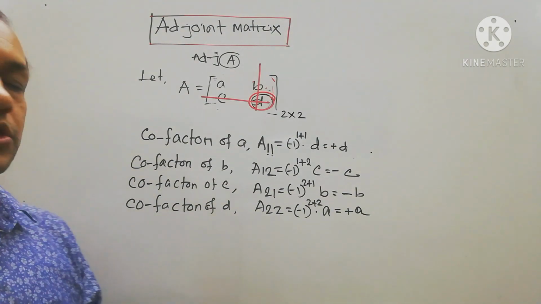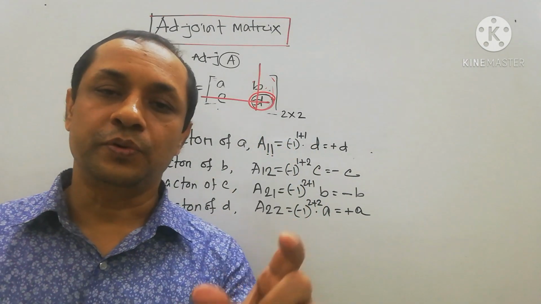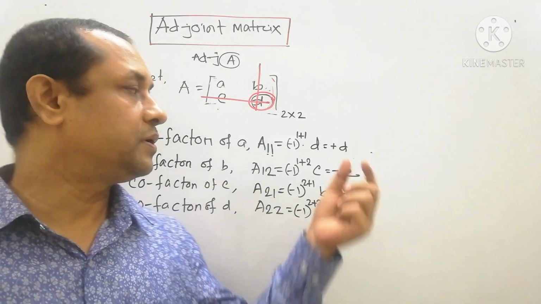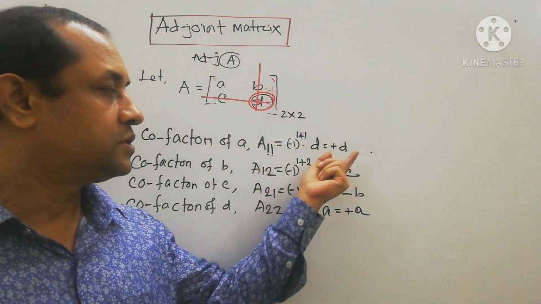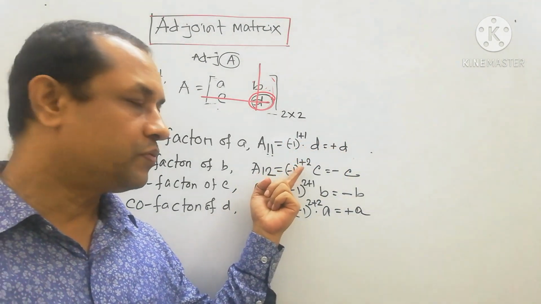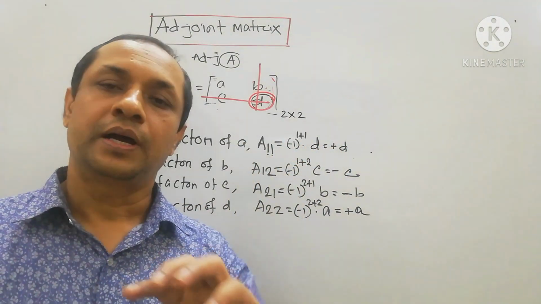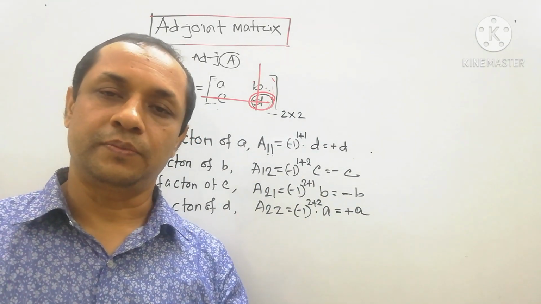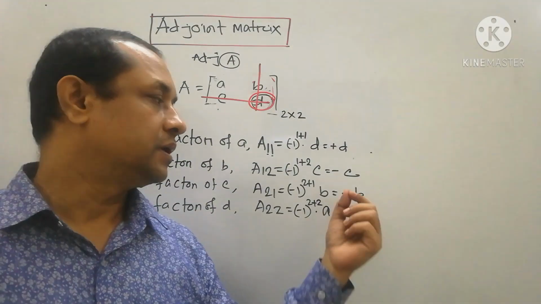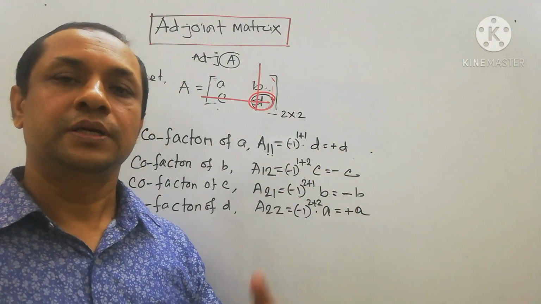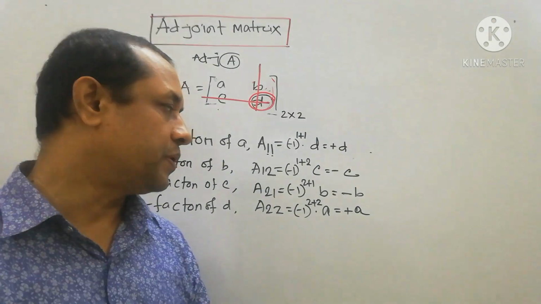Attention please students: when the sum of row number and column number is even, the cofactor is positive. Similarly, when the sum is odd, the cofactor is negative. So students, this is a very important thing.